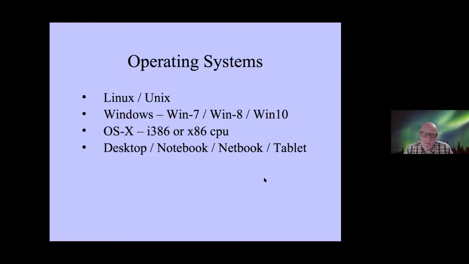All of these programs run on Linux, Unix, Windows, that is Windows 7 through 10, and OS X, both the i86 and x86 series, which means everything from about OS X 10.7 up to the current. And it will also run on desktops, notebooks, netbooks, and tablets. It had to be a Windows tablet.